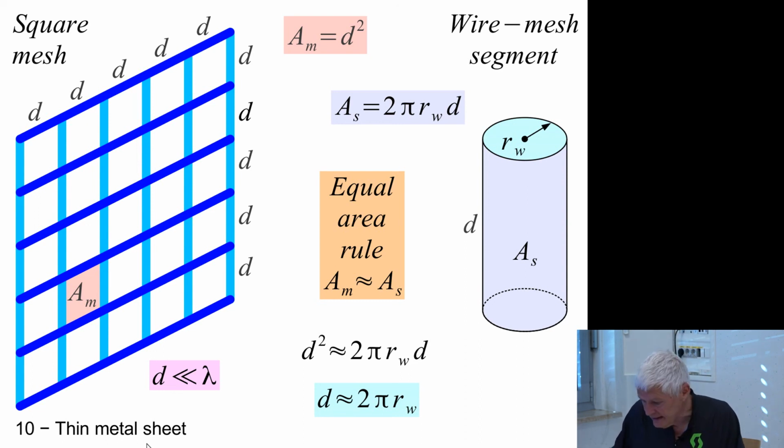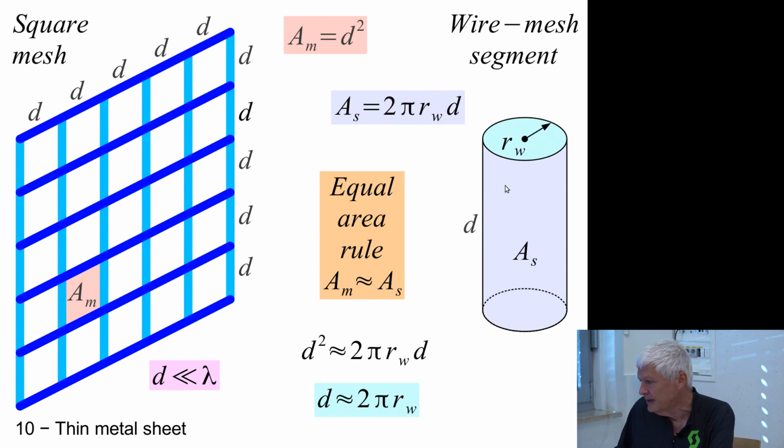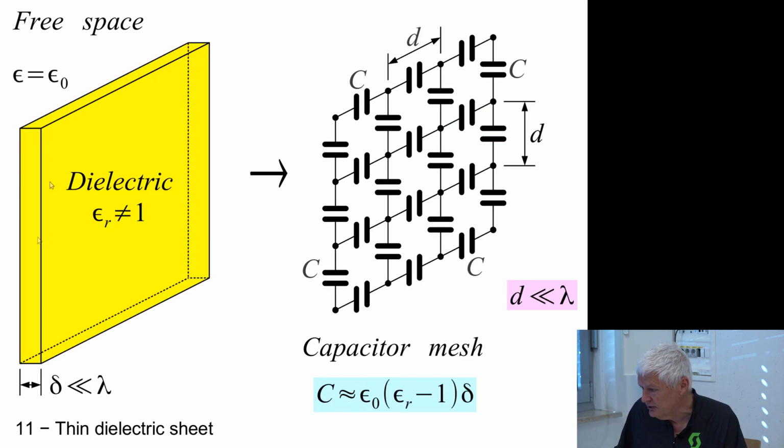Next thing, we said that sometimes in my antenna I have dielectrics. Dielectrics in form of sheets, also in form of volumes of dielectrics. I'm only going to consider sheets here. So if I have a thin sheet of dielectric, when the thickness of this sheet is much smaller than lambda, I need not calculate things in the direction of delta here, of the thickness of this sheet, because this is much smaller than lambda, I have very little influence on the electric field in this direction.